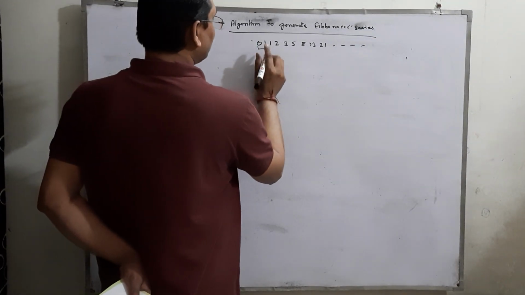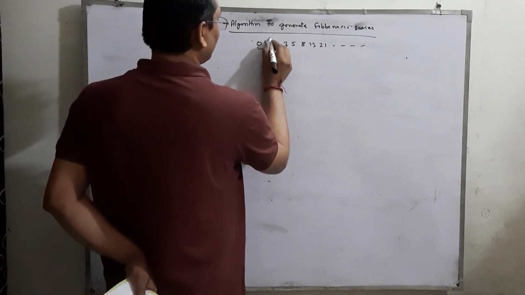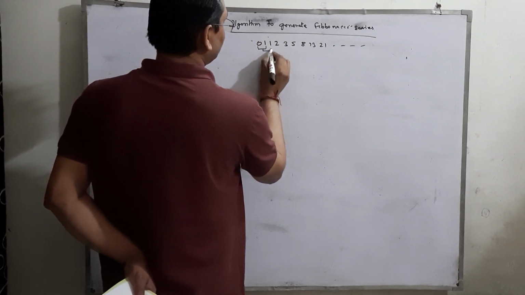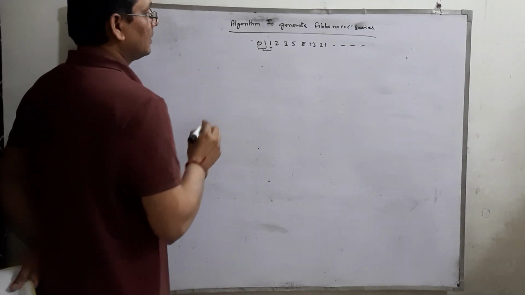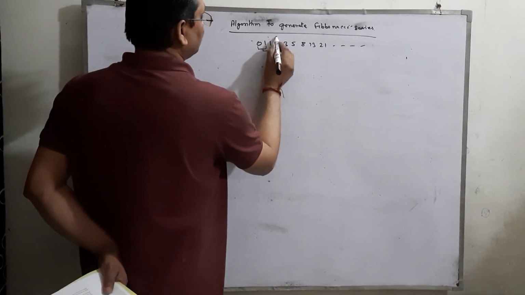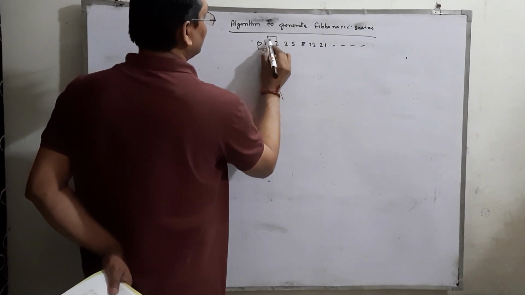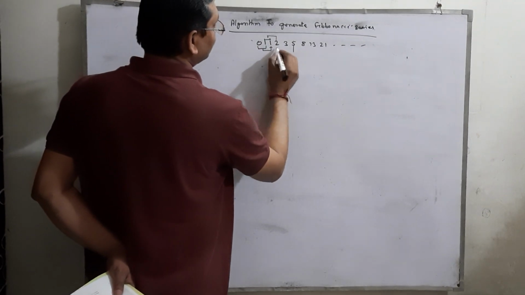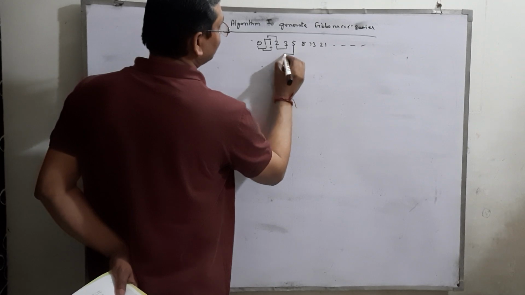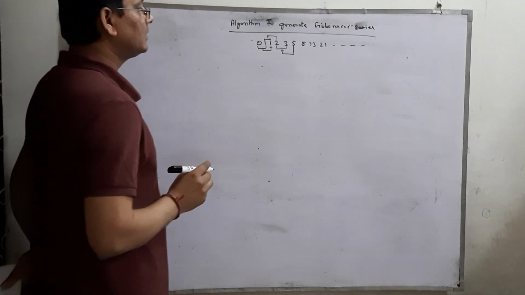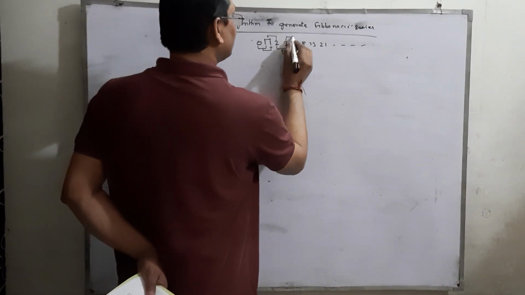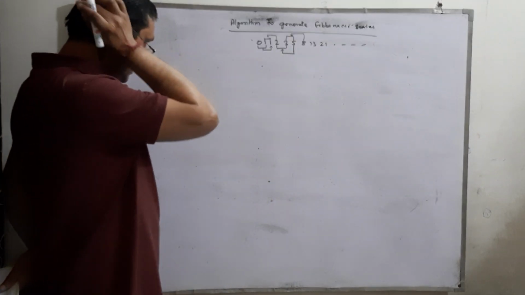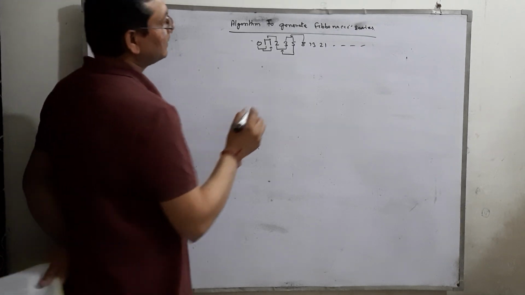Sum of 0 and 1 is 1. 2 is derived from the sum of 1 and 1. 5 is derived from the sum of 2 and 3. 8 is derived from the sum of 3 and 5.